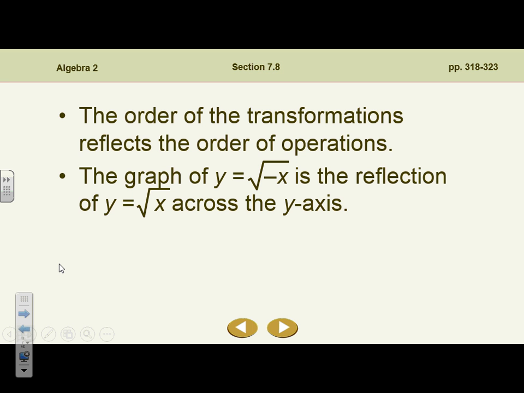Right? But when the A is negative, it always reflects up and down. This one's reflecting back and forth. Okay, across the y-axis instead of across the x-axis. That's important because that's new. We haven't talked about that before. This is the only kind of new part to parent functions we're adding on.